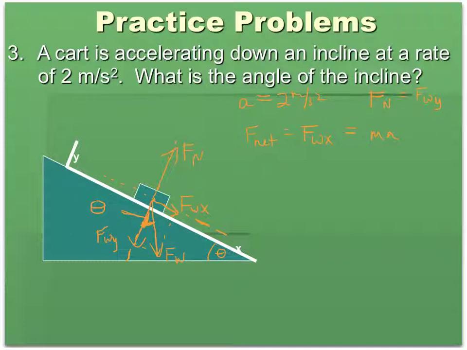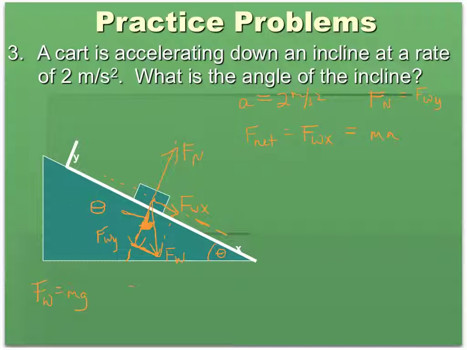So again, now we can start to substitute in some different equations that we've learned through the last couple lessons. We know that Fw is equal to mg, and since we're solving for this angle here, this side of our triangle is equal to FWX, sorry, which is opposite of our angle that we're trying to solve for.